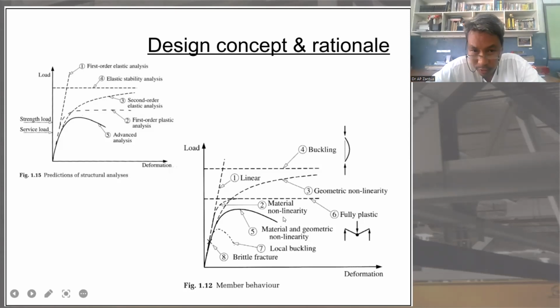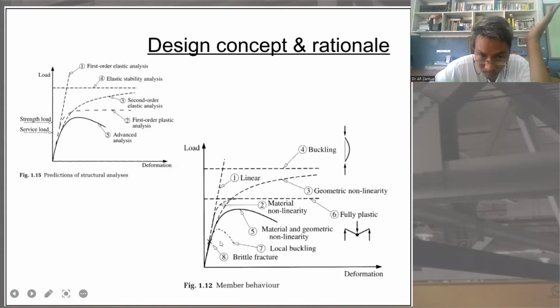Okay, so material behavior, for example, is number 5. Okay, material and geometric nonlinearity, and you use second order elastic analysis. So it is accurate up to this point, then afterwards it will not be able to predict it accurately, and therefore if you use that the structure may be susceptible to failure after this amount of deformation.